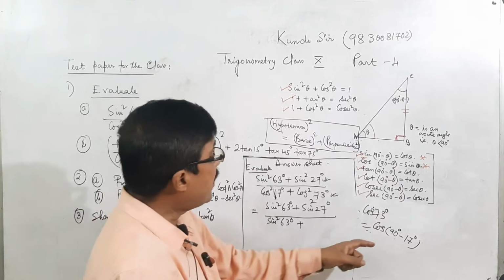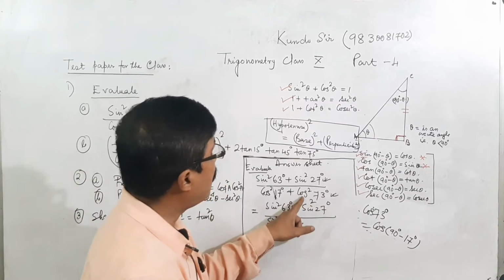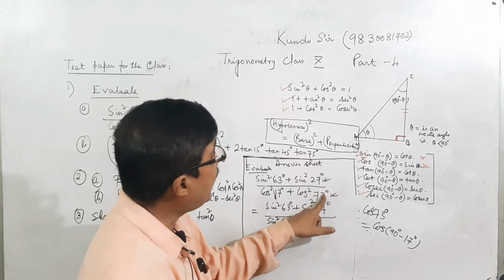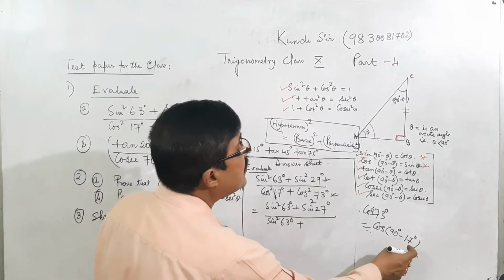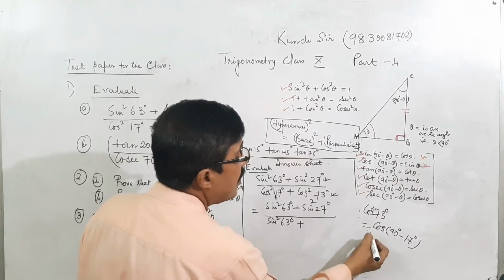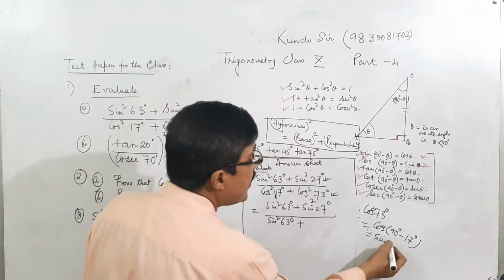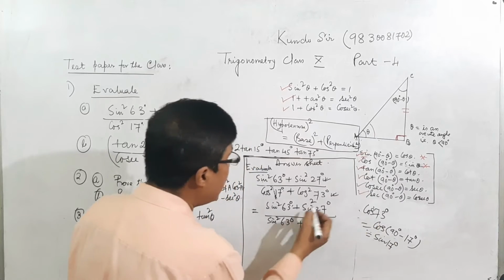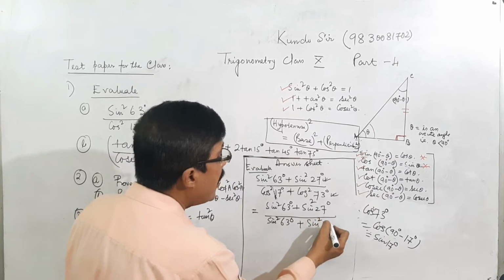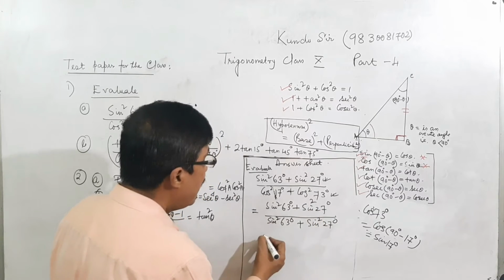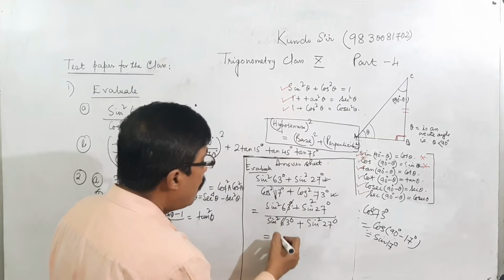Cos 90 degree minus theta equals sin theta. So we are putting here sin square 17 degree, that is equal to sin square 27 degree, that is equal to 1.